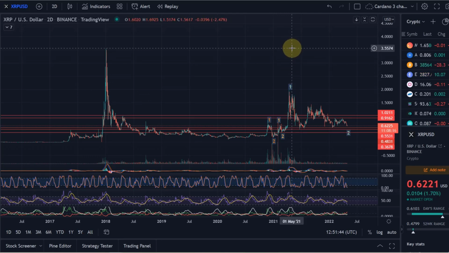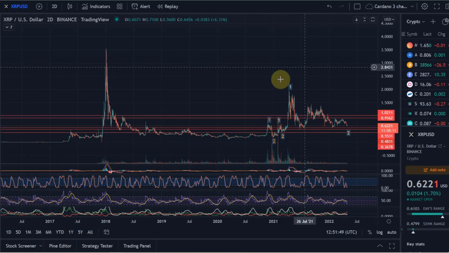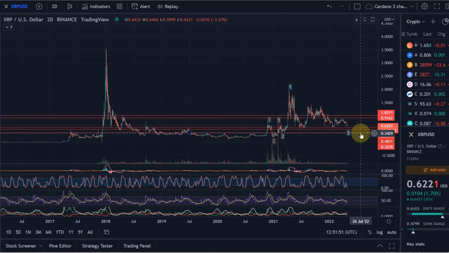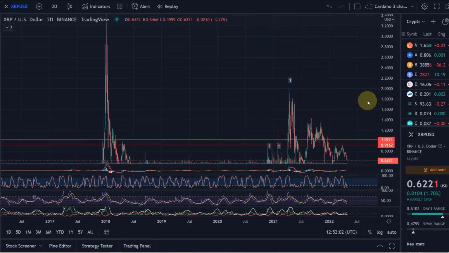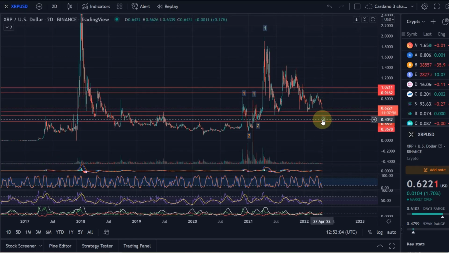So what does that mean? That means that, yes, while this is possible from a chart point of view, we could have a last chance basically to find support here at 36 cents. But if we lose it, then another scenario gets really, really likely. That has also to do with the Fibonacci retracements, because let's say we drop below 36 cents.